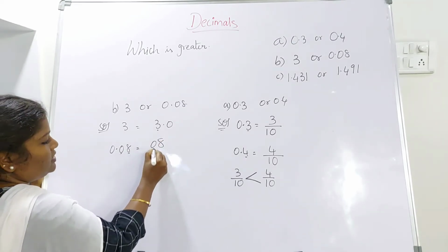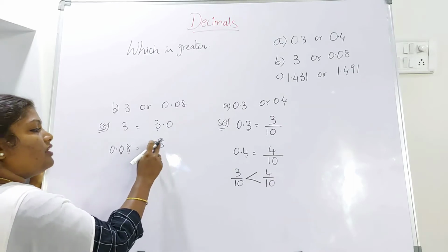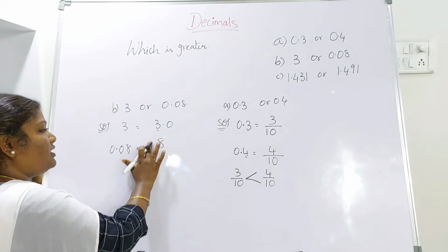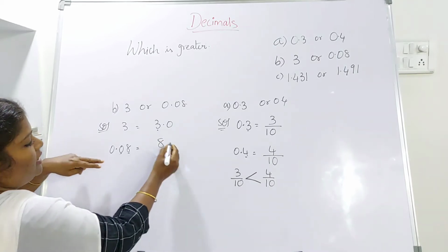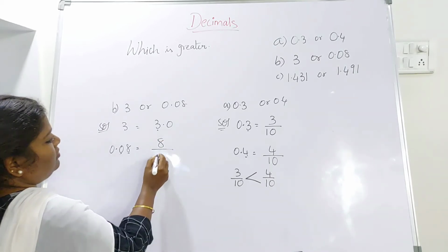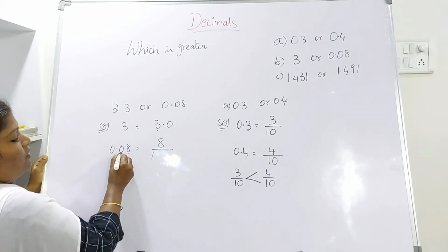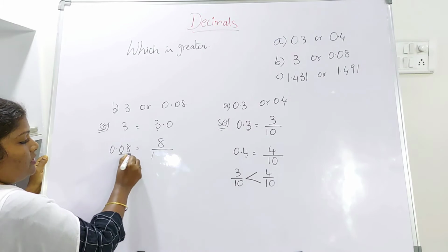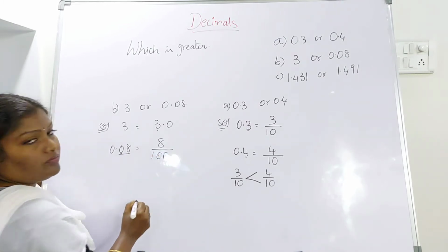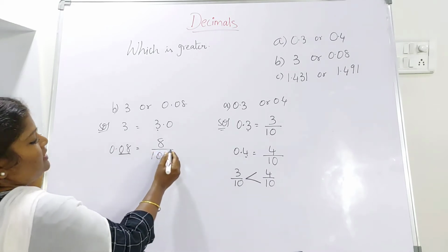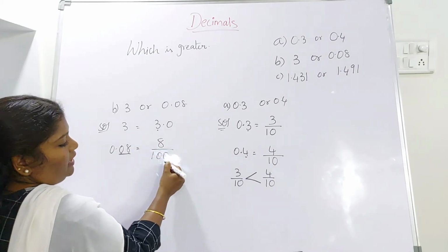Actually you should take 0, 8, but after the number if you have a 0 it has a value, before the number it doesn't have any value, so you can neglect it and write 8 by. Now you have a decimal point, so 1, and you have after the decimal point 2 digits, add 2 zeros. Yes, so now this is nothing but 8 by 100.